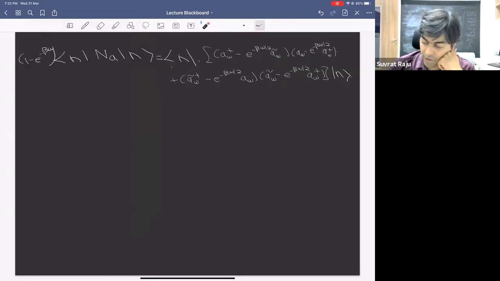And then we have similarly cross terms here, but we also have some terms which look like a omega tilde times an a omega tilde dagger, and this is multiplied with a factor of e to the minus beta omega. And here we have again an a omega tilde dagger times an a omega tilde, which is a positive operator, but could be 0. And here we have an a omega times an a omega dagger, which is always larger than 1, and is again multiplied with an e to the minus beta omega. So this is always greater than twice e to the minus beta omega.